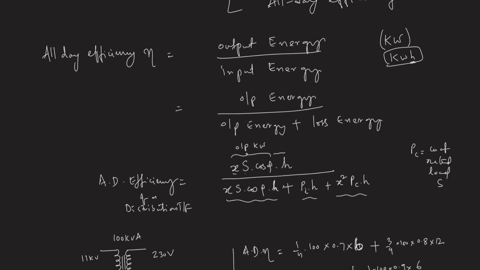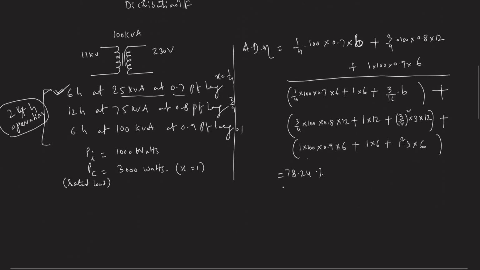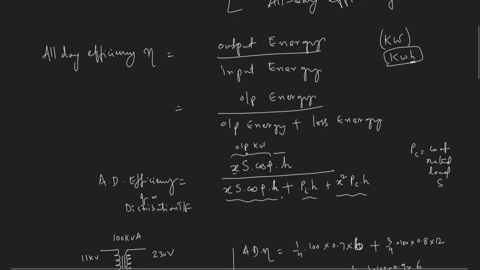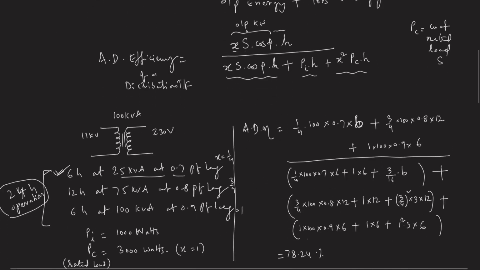A power transformer is normally operated at full load, so we don't have any ambiguity, but a distribution transformer will operate differently. For some hours it will be quarter loaded, for some hours 3/4 or half loaded, for some hours full load, and some hours it may be no load.